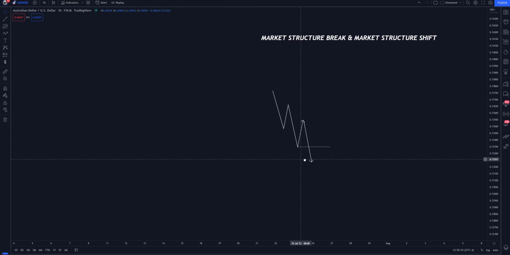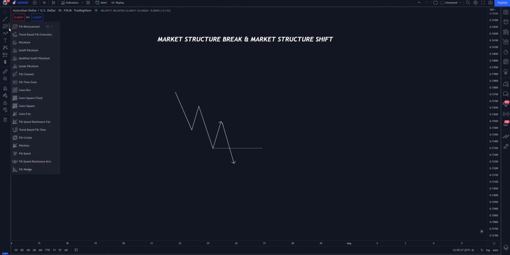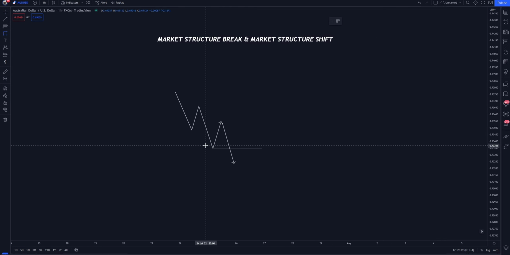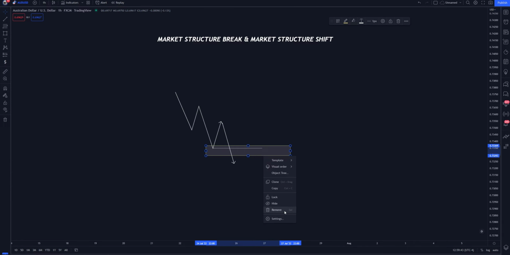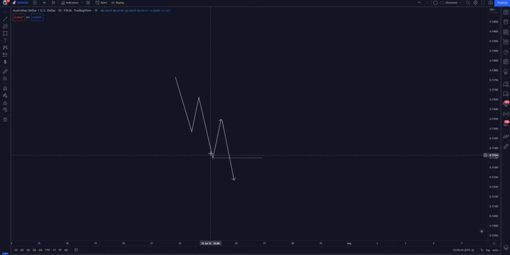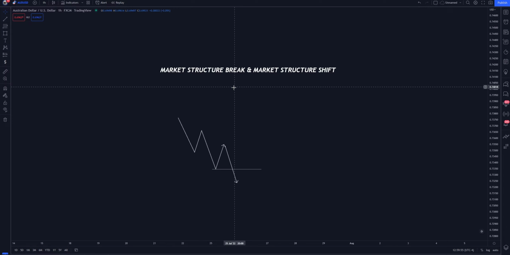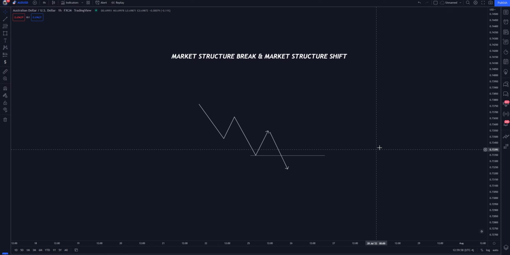Now this is considered to be a market structure break. As you can see, price broke the previous lower low and created another lower low.